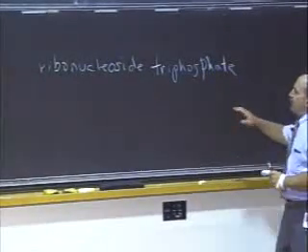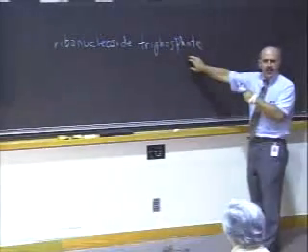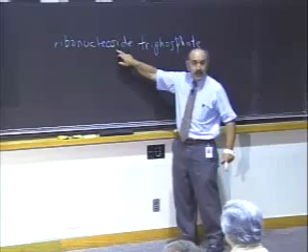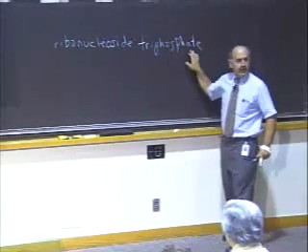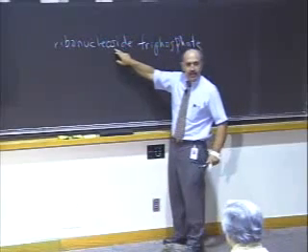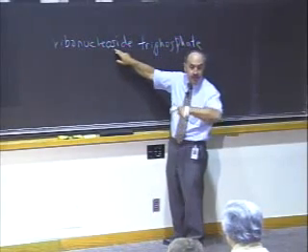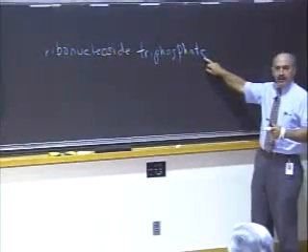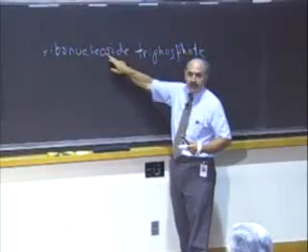Well, ultimately only the good Lord knows why I said that, but let's look at this phrase. I said ribonucleoside triphosphate rather than ribonucleotide triphosphate because the fact that I added this on the end makes the T there unnecessary. The T is there to indicate the phosphate being attached to the ribose or the deoxyribose. But if I'm adding this phrase over here, triphosphate, that makes unnecessary my saying ribonucleotide triphosphate.